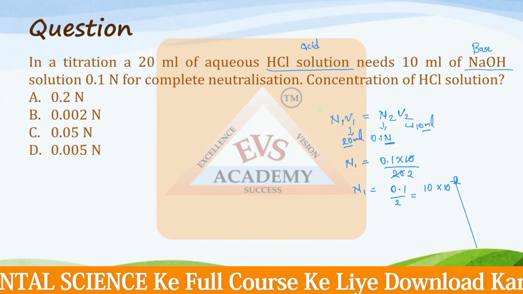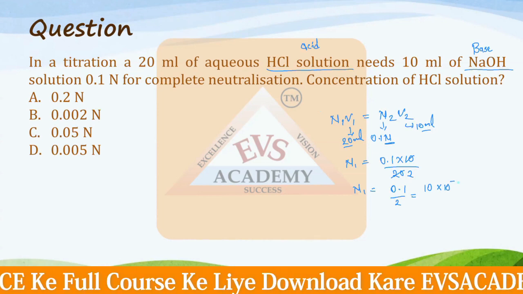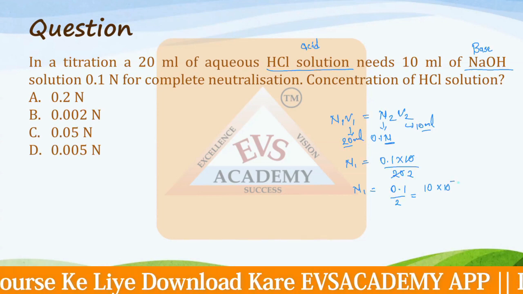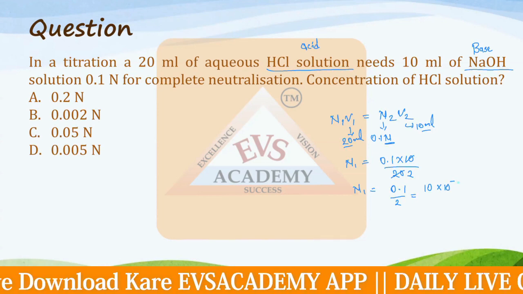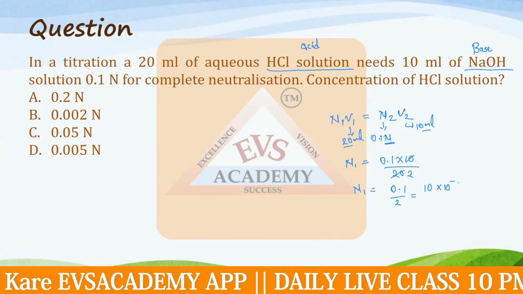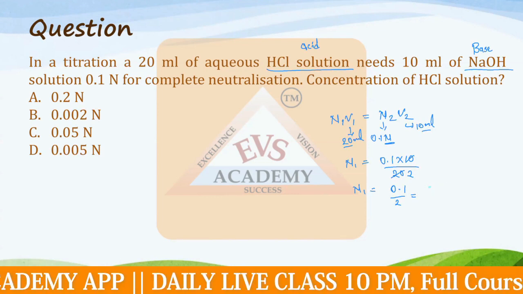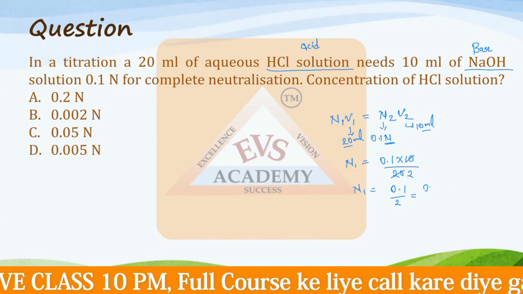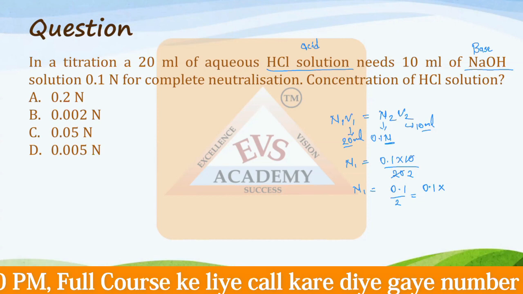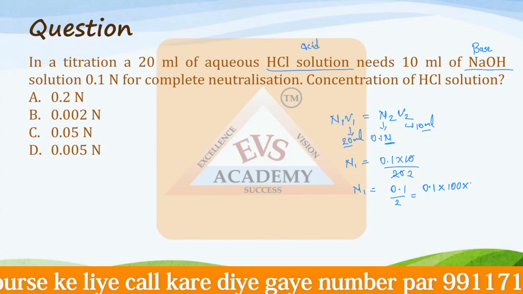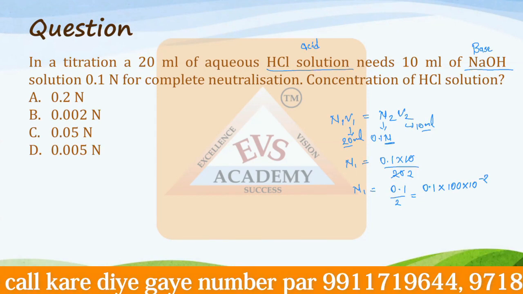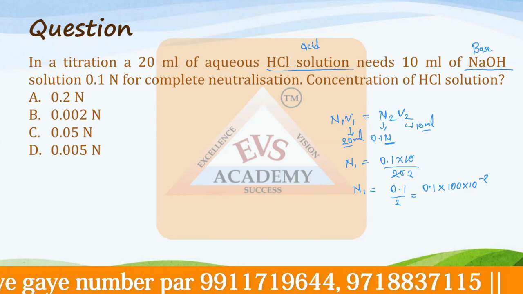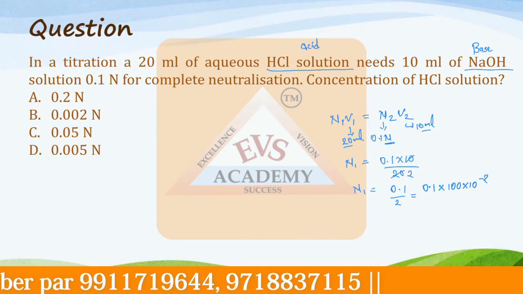Because two zeros I have provided here. Let's understand with more ease. What I can do, I can write 0.1 multiplied by 100 multiplied by 10 to the power minus 2. 10 to the power minus 2, why? Not divided by 100, so 100 by 100 I have multiplied, for example.